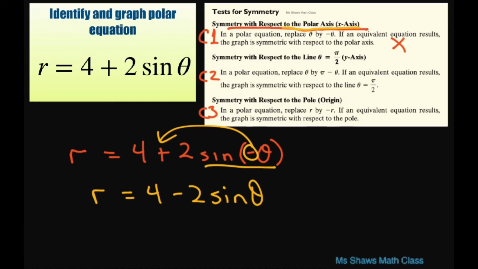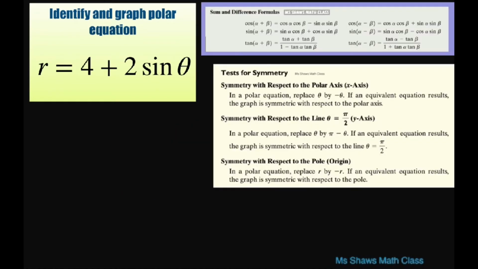All right, so let's check symmetry with respect to the line theta equals pi divided by 2, which is the y-axis. For that, we're supposed to substitute in our theta with pi minus theta. So we have r equals 4 plus 2 sine of pi minus theta.